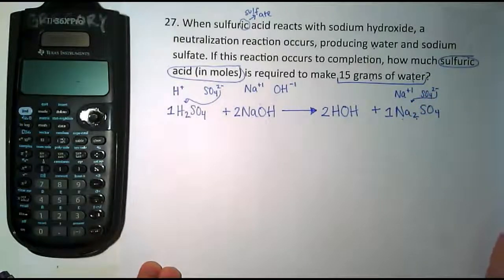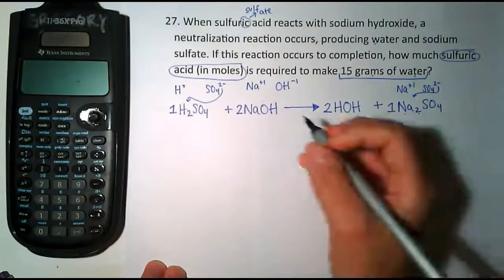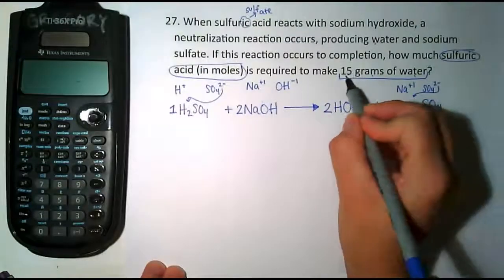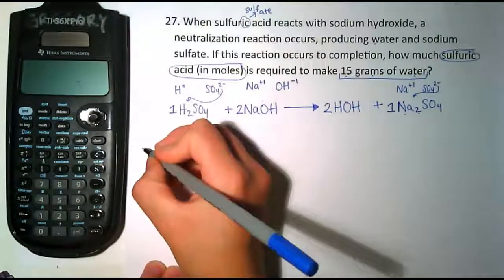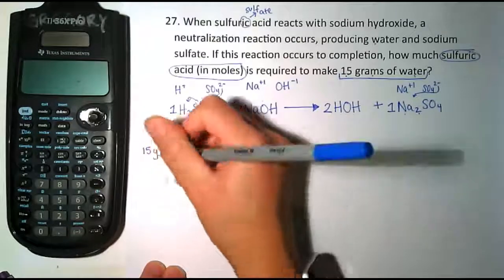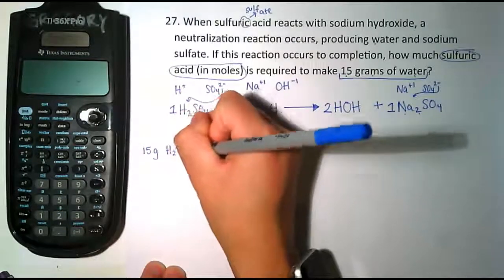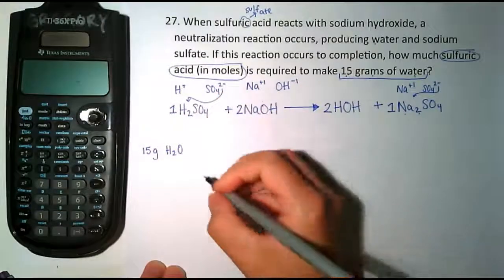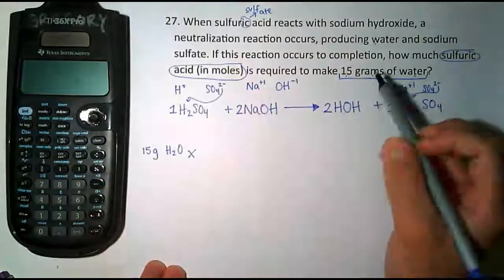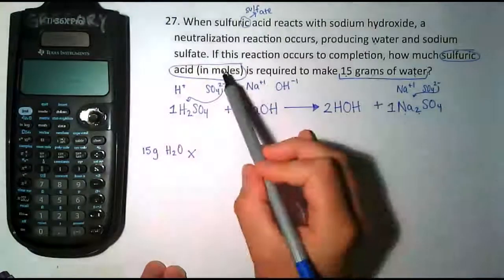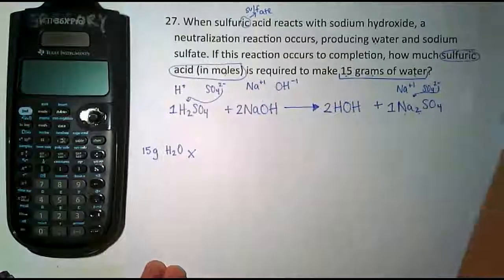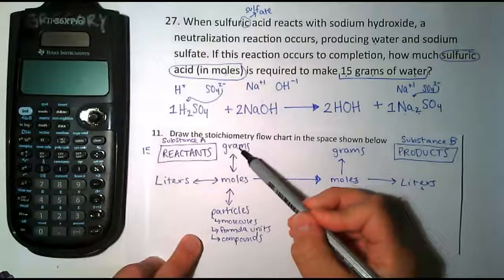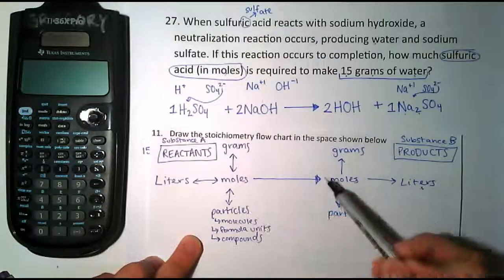So now we can do some stoichiometry. Our given value, unit, and substance is 15 grams of water, which is H2O or HOH, however you would like to write it. And then since we're doing a gram to mole conversion, we know that that's going to require 2 steps. Grams of one thing to moles of another, 1, 2 steps.